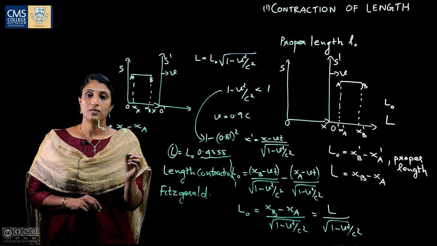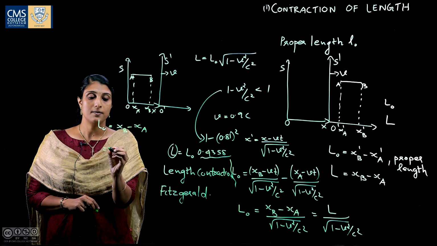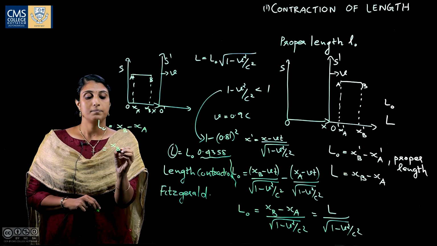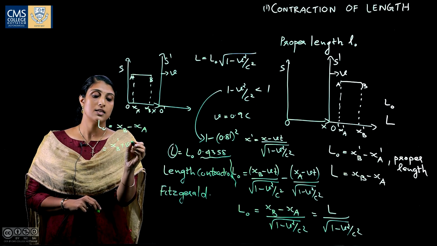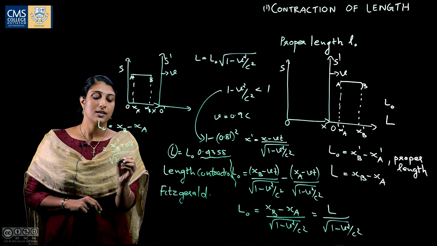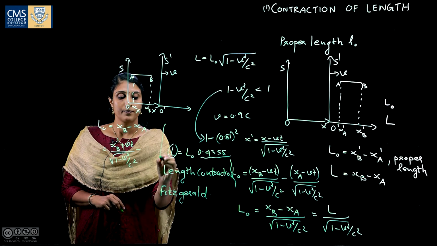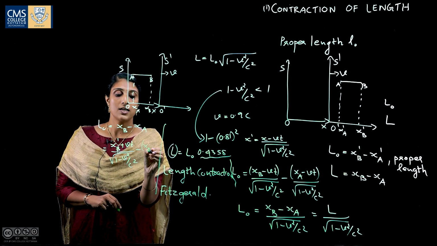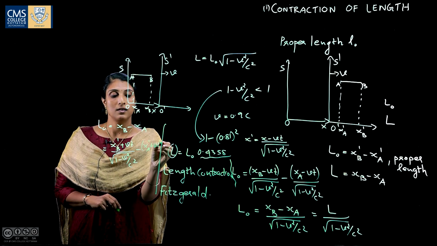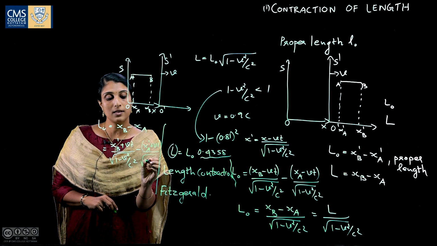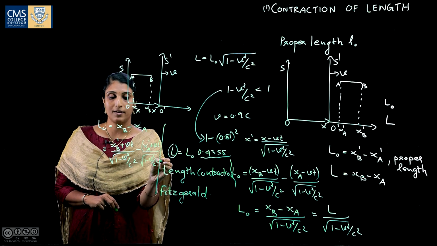And we have the inverse Lorentz transformation equation, that is XB dash plus Vt by root of 1 minus V square by C square, minus XA dash plus Vt by root of 1 minus V square by C square.